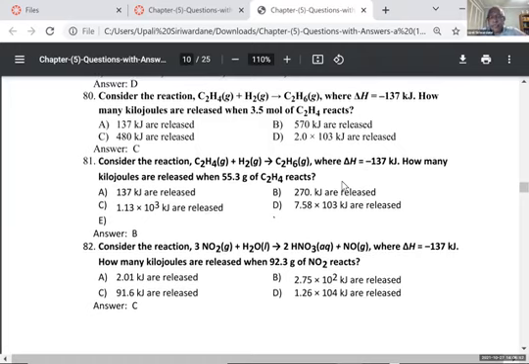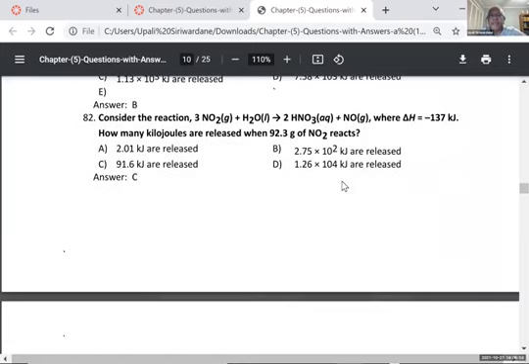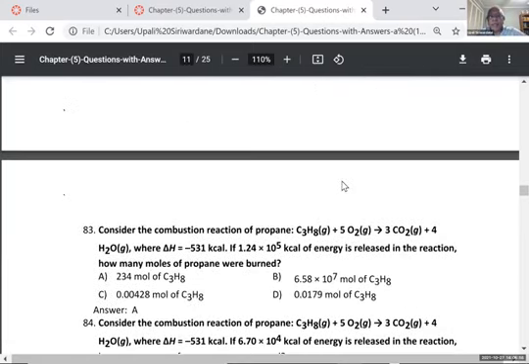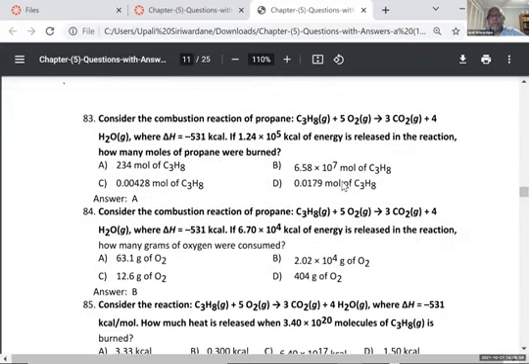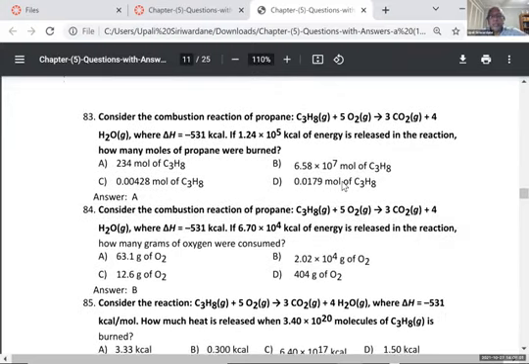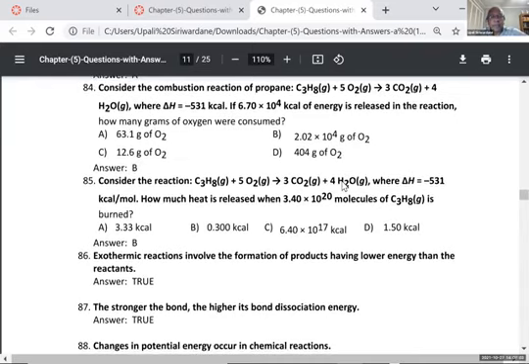So you should be doing these problems, calculating different amounts of energy per gram and per mole.